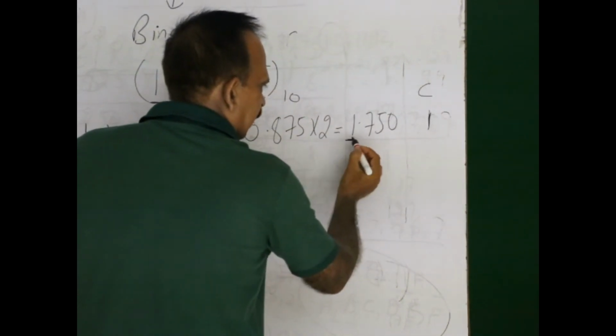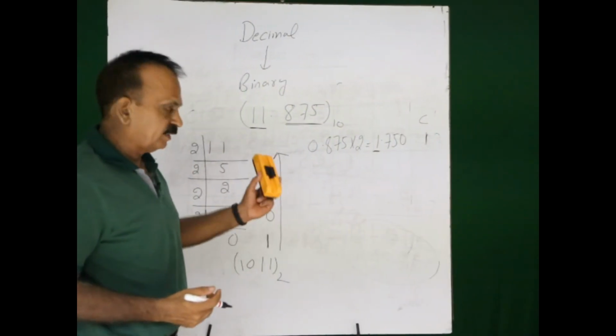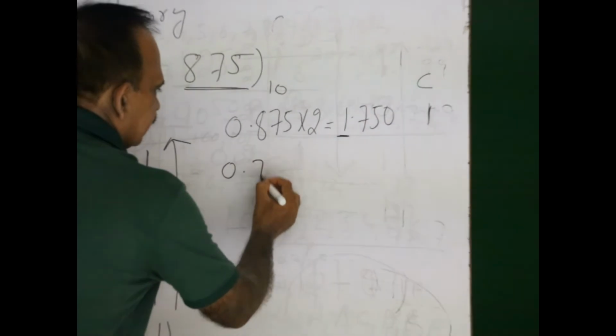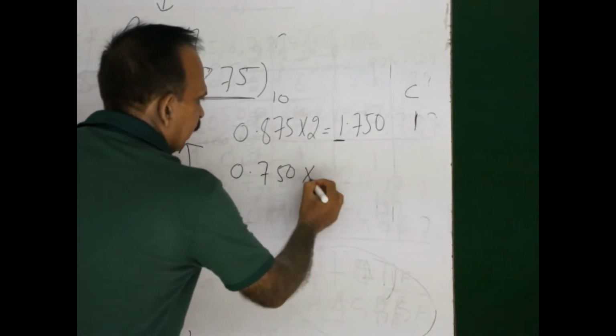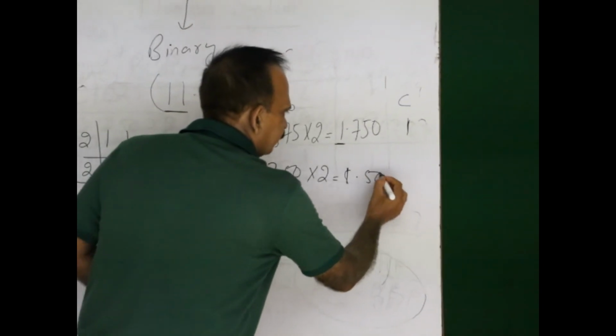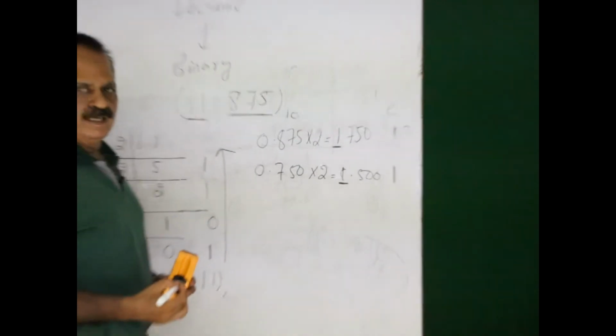This part before the decimal is known as the carry. Next time, 0.750 multiplied by 2 will be 1.500 and the carry part is going to be 1.